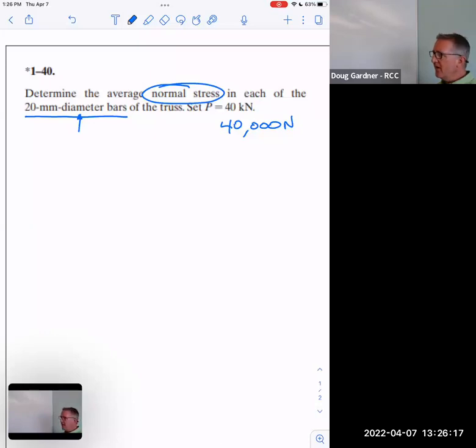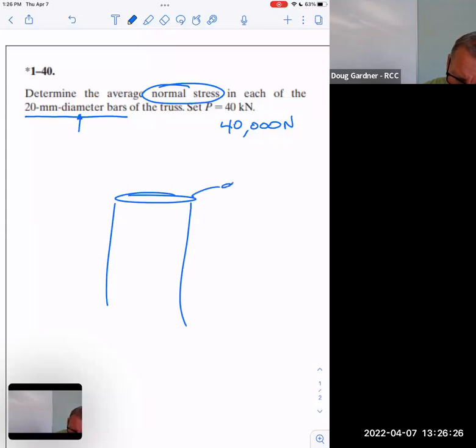But this time the area, so what I really have then is, in a sense, I have this bar. I'm going to erase this, but I have a cross section of this bar with the diameter of 20 millimeters. And I'm interested in the force that either goes this way or this way. In a sense, I don't really care. By the way, if it was pulling in this direction, does that make sense? That's a tension force.